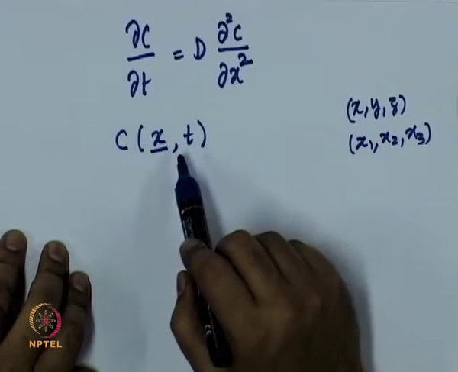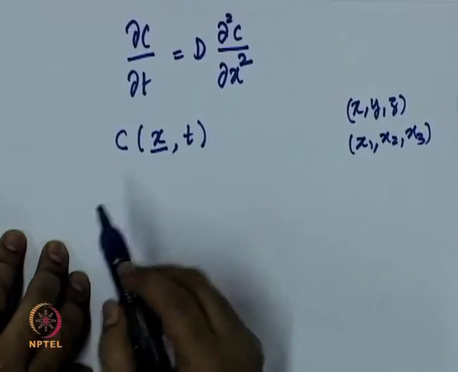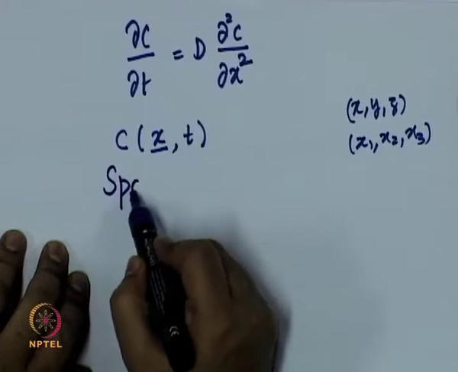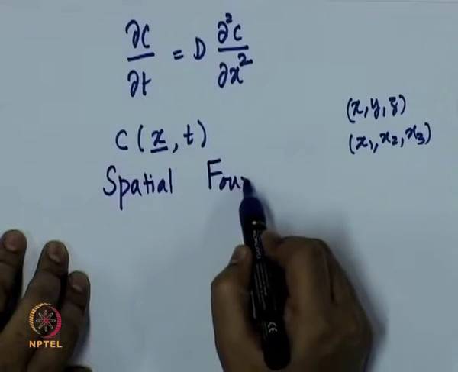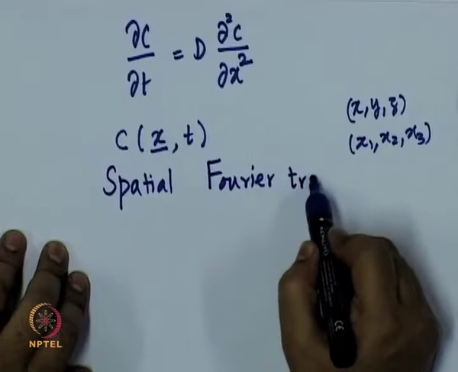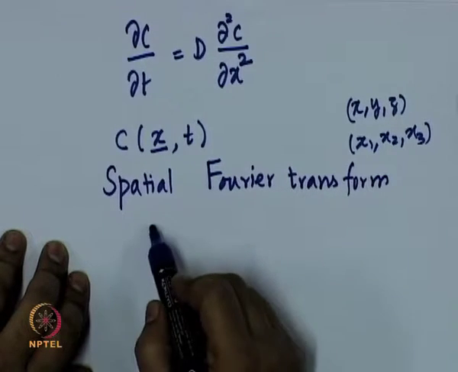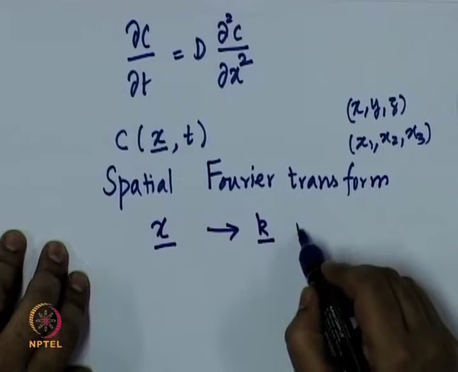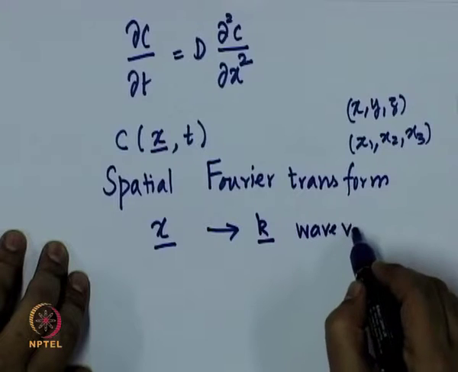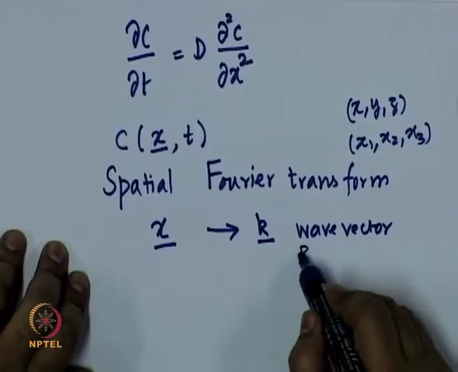So that is equivalent to a Fourier transform too. So what we are talking about is a spatial Fourier transform. Okay. And in spatial Fourier transform, we go from x to k. So this is the wave vector space, okay, or the reciprocal space.